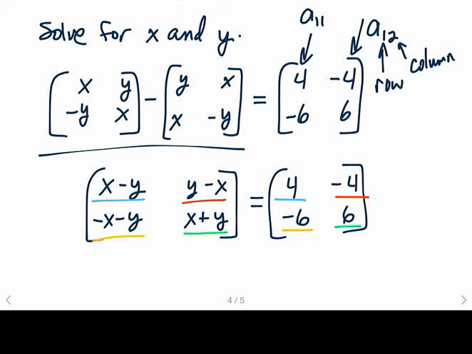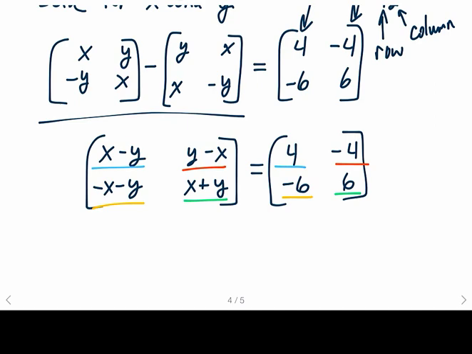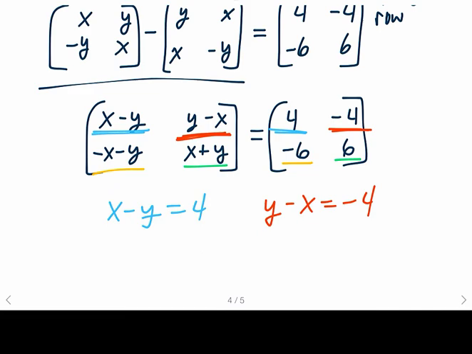Back to our regularly scheduled programming. If we're supposed to have that a11 equals a11, then in this case what we have is that x minus y is equal to 4. And if a12 is supposed to equal a12, then we have y minus x equals negative 4. Folks, these are the same equation.